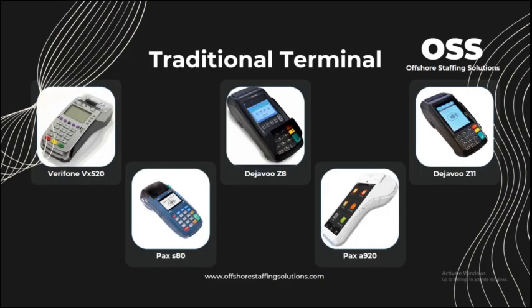So these are the traditional terminals. Let me give you an example. When you walk into a grocery store, maybe in Bangladesh, a mini mart like Shopno, Agora, and other super shops, or when you're dining at a restaurant and you have a credit card to pay your bills with, the cashiers have these credit card terminals, right?